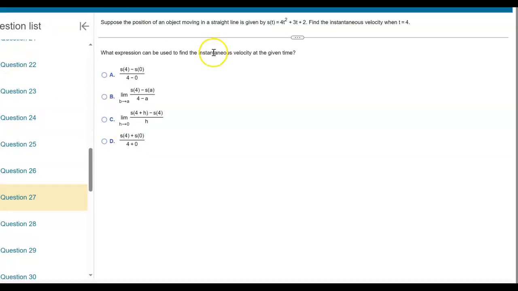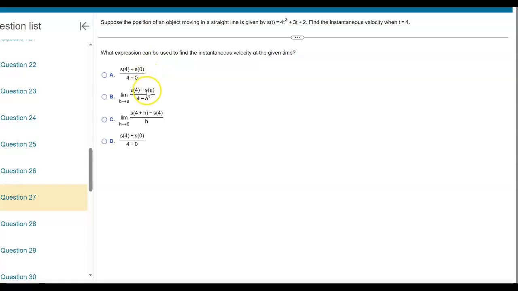Okay, next problem. Suppose the position of an object moving in a straight line is given by this expression here. Find the instantaneous velocity when t is equal to 4. Now, when you say instantaneous velocity, that is an application of the derivative. So if you look at the choices here, that means you're going to use the definition of the derivative.